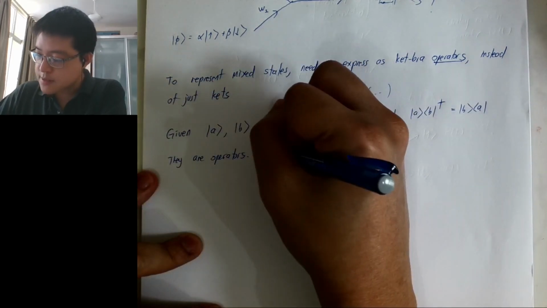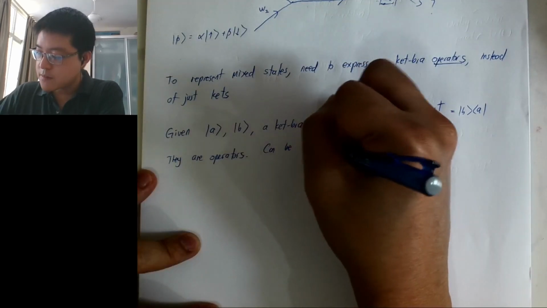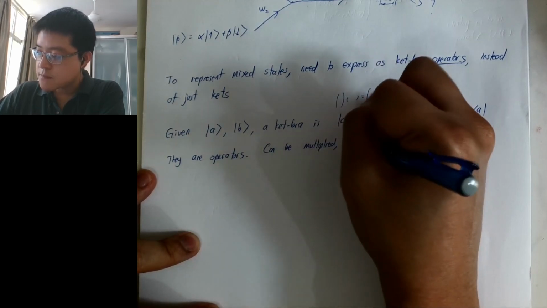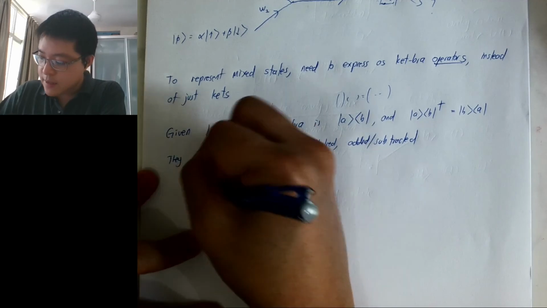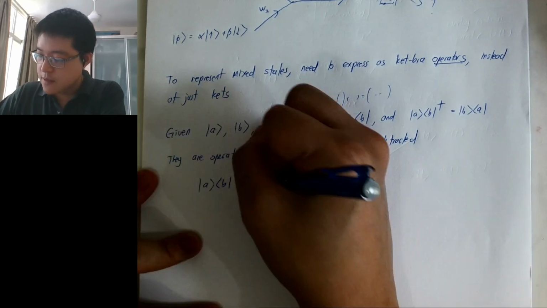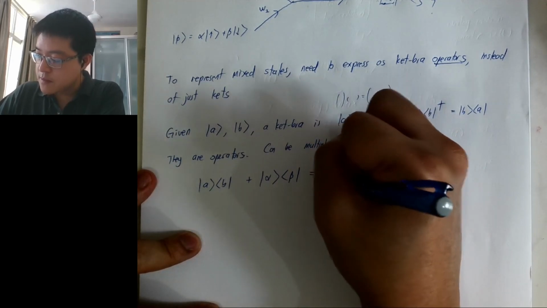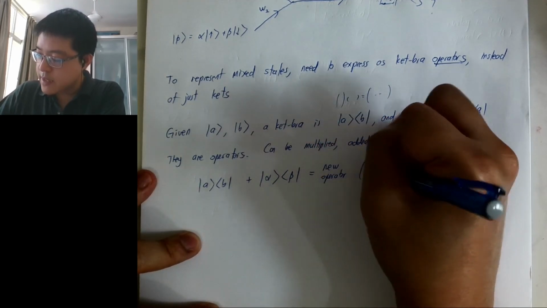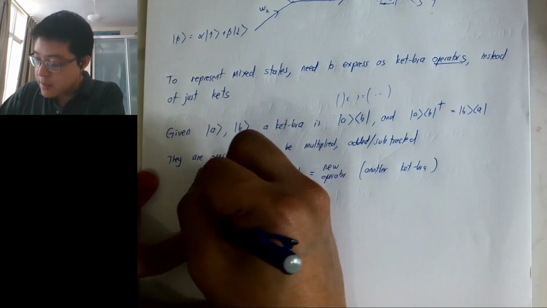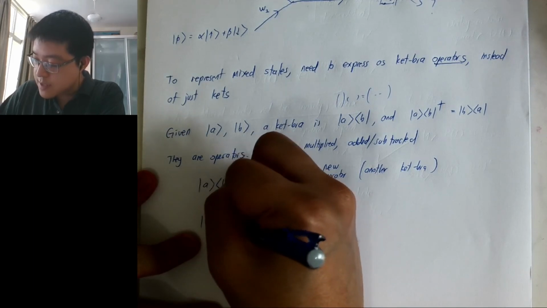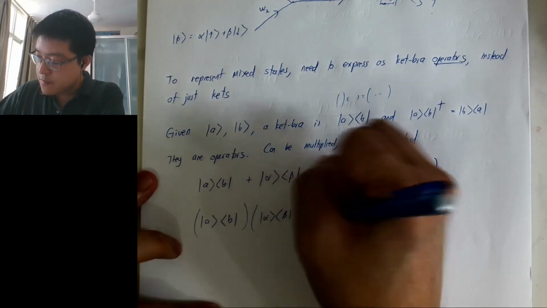Another thing to remember is that a ket bra is always an operator, and operators can be multiplied together, added and subtracted. Let's say I take |A><B|, and then another one, |alpha><beta|, and I just get a new operator, basically another ket bra. So I can add them, and I can multiply them together, say |A><B| multiplied by |alpha><beta|.